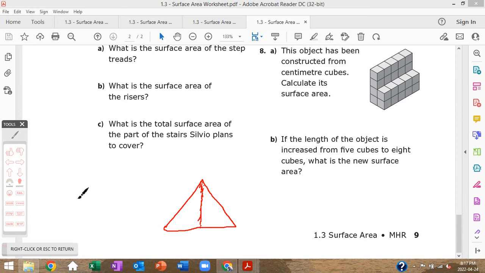Again, if we were to look at a top view of this pyramid, here is my point at the top. We need to find out what is the height of one of these triangles.